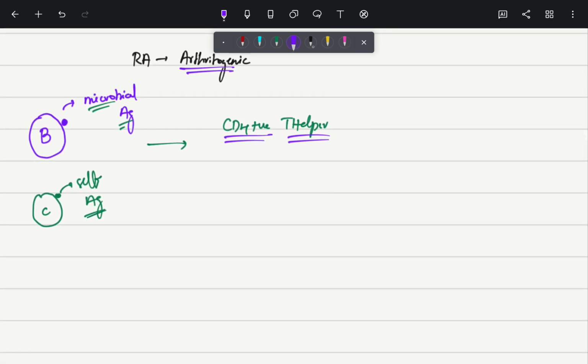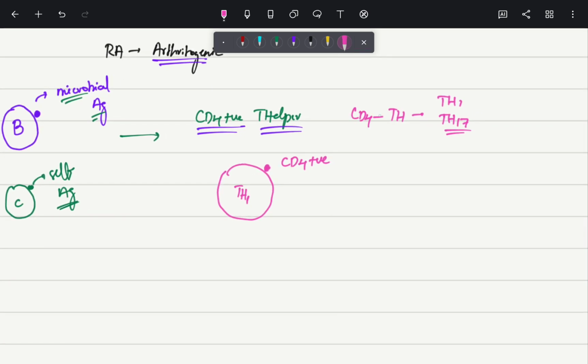Now we will try to draw the diagram of this CD4 positive T helper cell here. So this is the T helper cell which is CD4 positive. There are different types of T helper cells.